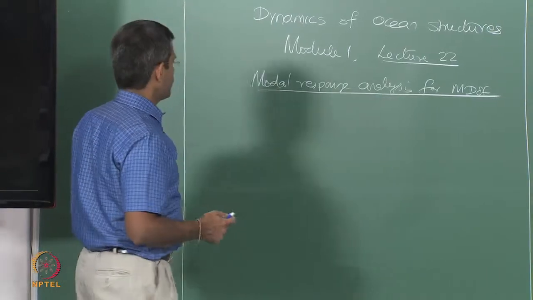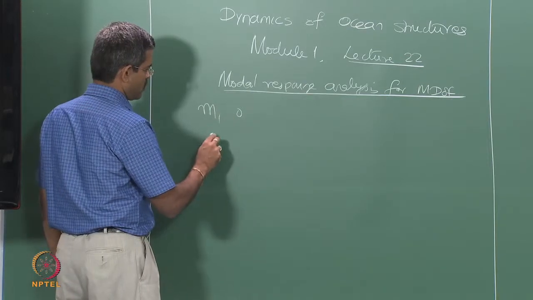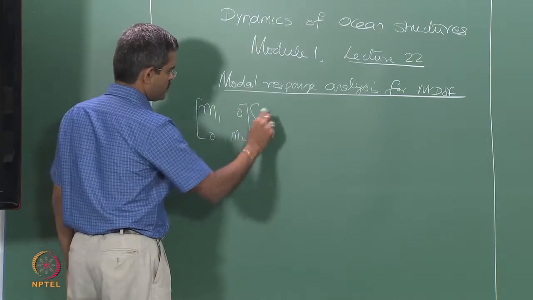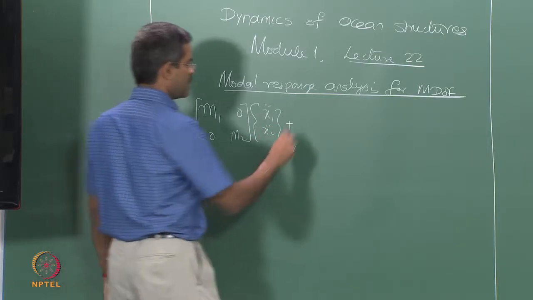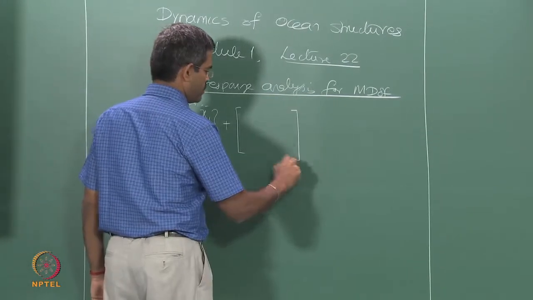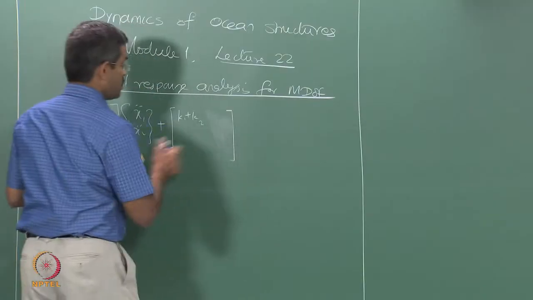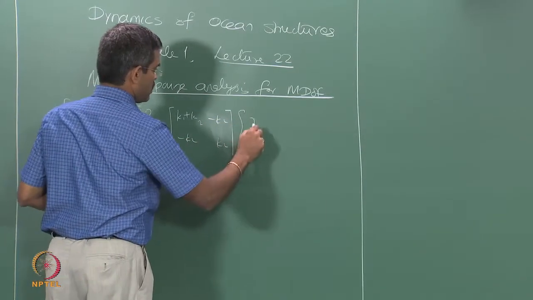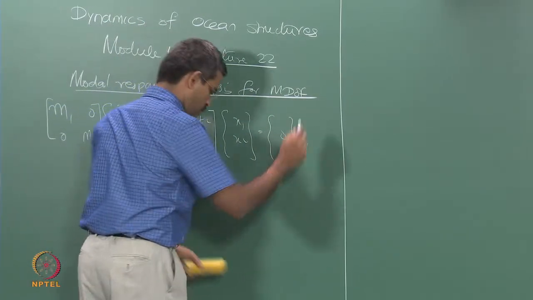You will see here I can simply write an equation like this: let us say m1, 0, 0, m2 times x1 double dot, x2 double dot, plus, taking only the system without damping, k1 plus k2, minus k2, minus k2, k2 times x1, x2, is equal to 0 or f of t.